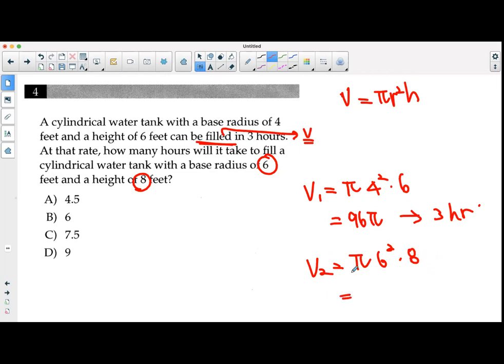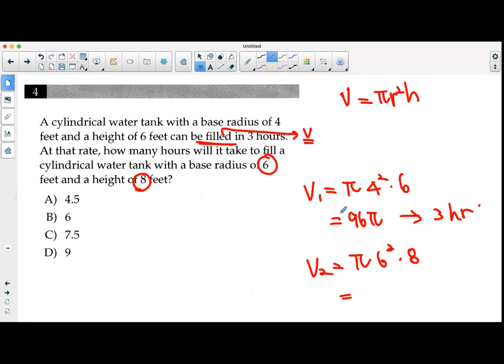You can multiply those numbers out, compare this result with the first one, figure out how many times it would have been, and hence we'll be able to calculate the hours. Okay, we can do that. That's perfectly fine.